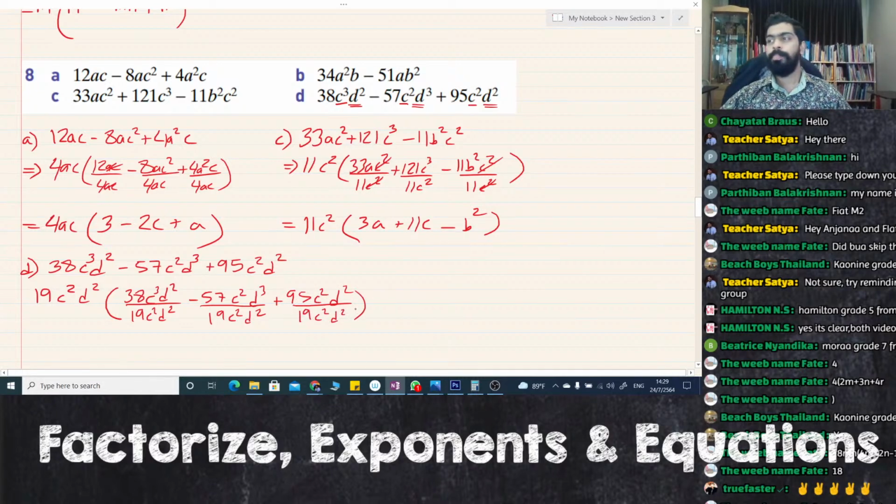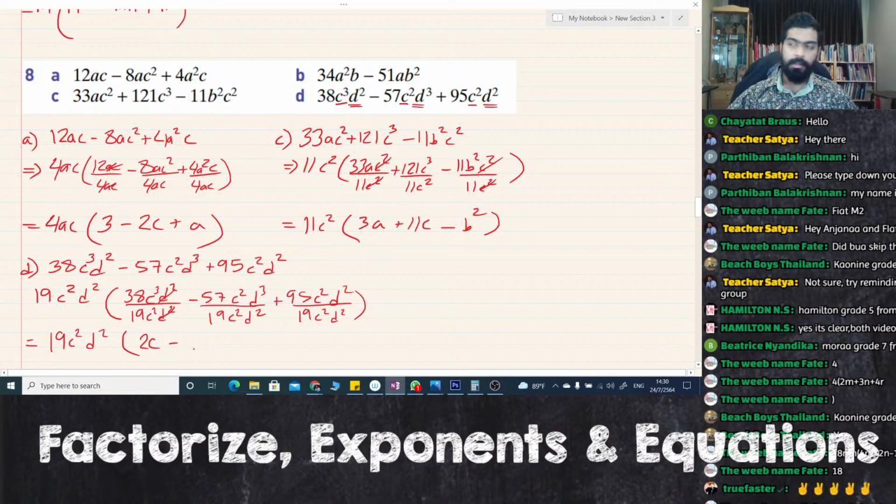All right, guys? So now once we have come here, finding the final answer is going to be pretty easy, right? We're almost here. So what would we have? We would have 19 c square d square, and the final answer inside the bracket, when we simplify it. d square and d square will simplify, so we'd have 2c, because c cube over c square is going to give us c.